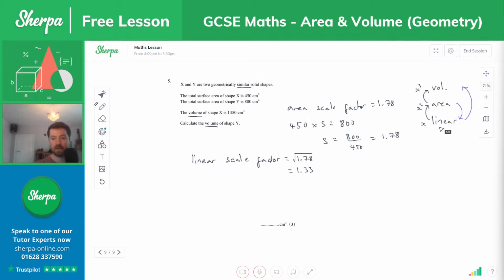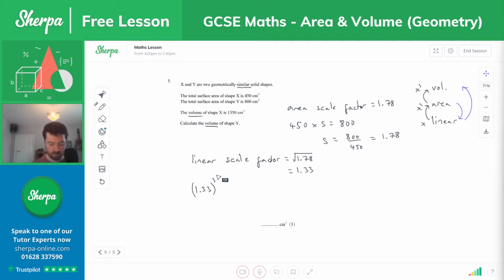I now need to go from linear up to volume, and we've seen before that we cube our scale factor, and that allows us to convert our volumes. So in this case, I'm going to take my linear scale factor, 1.33, and cube that number. Again, I'm going to just do it on here to save time.